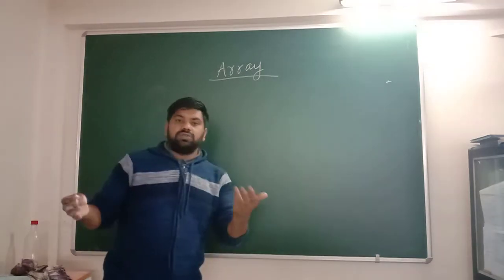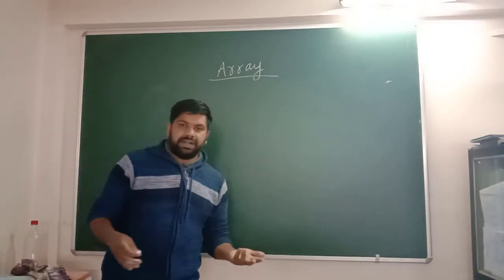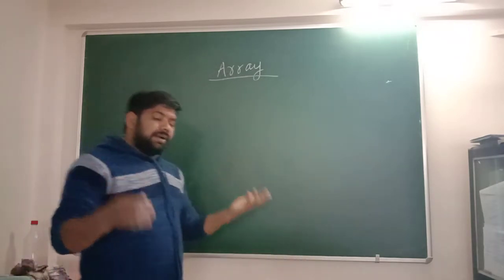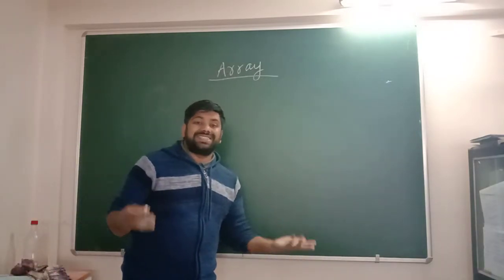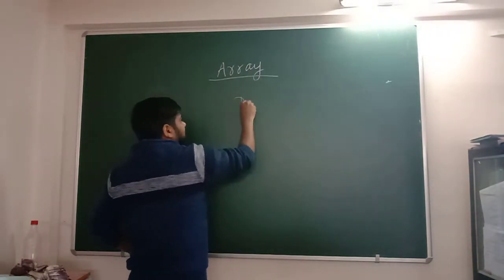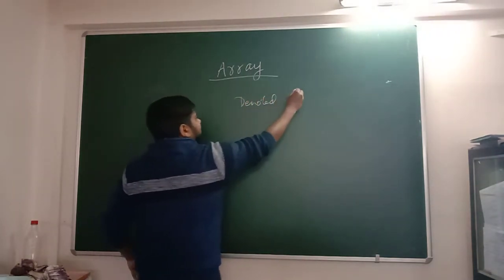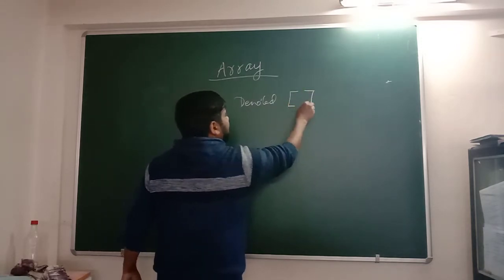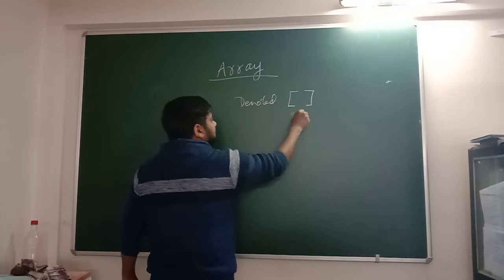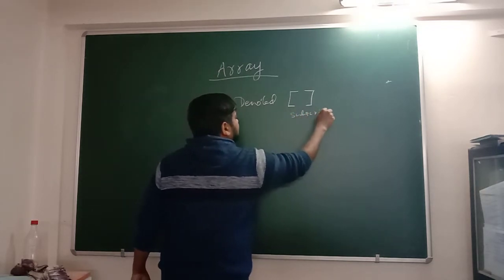Before moving on to the types of arrays, let's see how an array is denoted in the computer system. How do we denote an array? An array is denoted by square brackets. You can write them as subscripts.